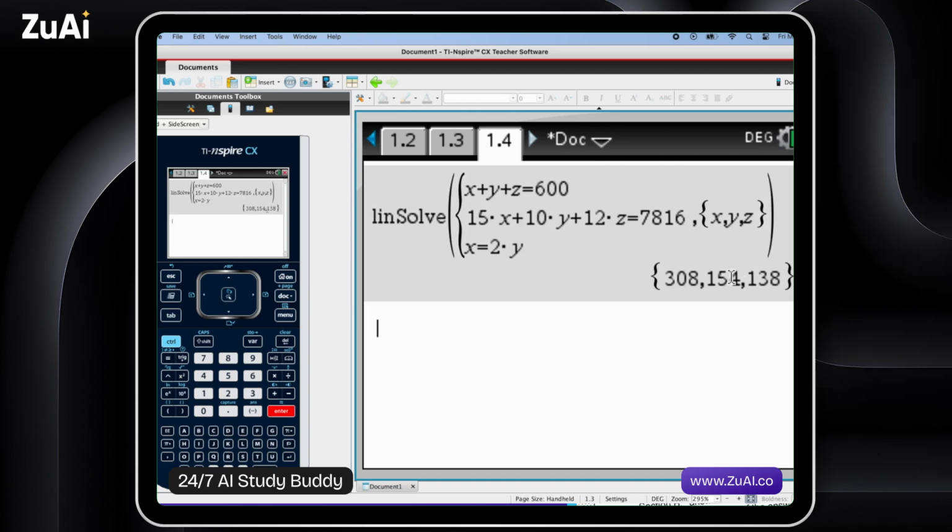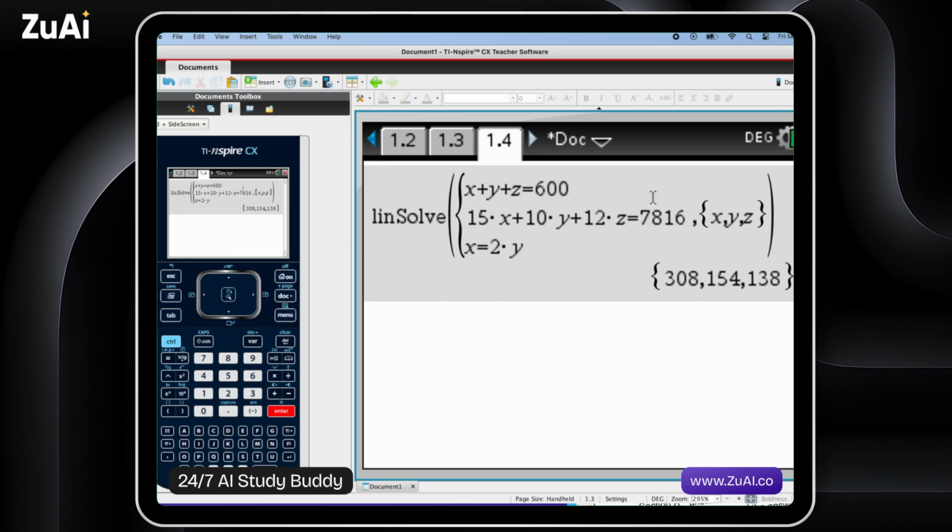And this is a solution to this set. Just to double check, first, there are no fractional values, which is good, so we're not selling a fraction of a ticket. Remember x, y, and z are the number of adult, child, and student tickets. So this is the set of values that satisfies all of these.